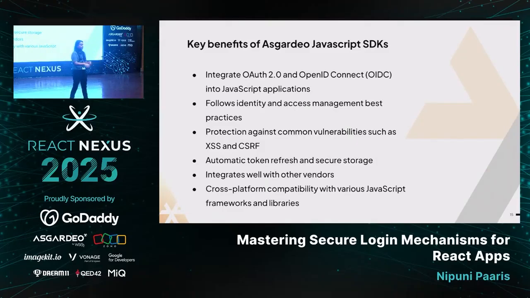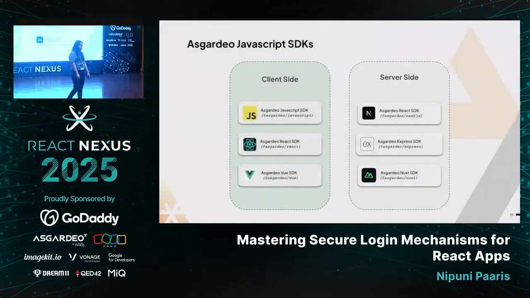So it works well with all the cross-platform technologies. These are some of the SDKs that we have. For your client side, as I said, there's the JavaScript core SDK, and then we have the Asgardeo React SDK. We have Vue, and for the server side, we have the Next.js SDK, Express, and Nuxt.